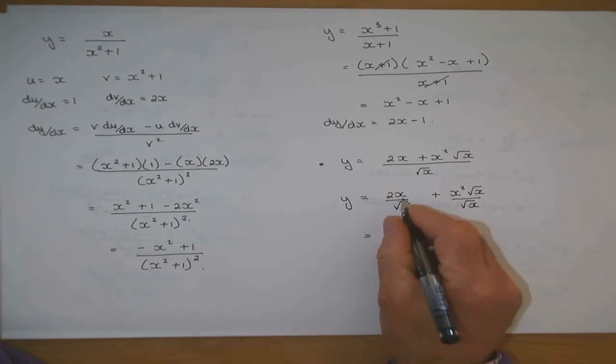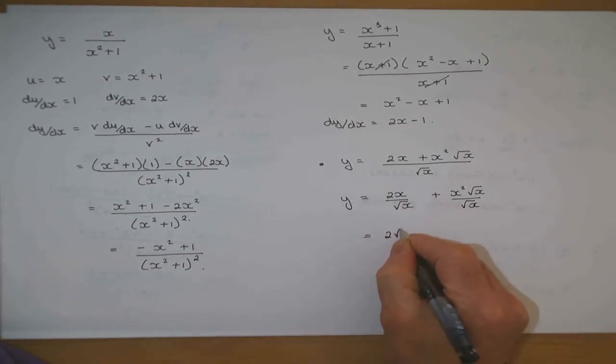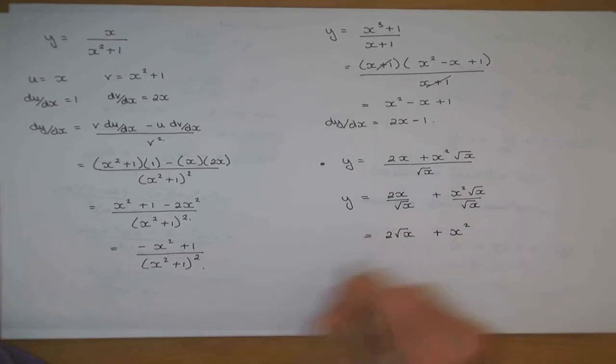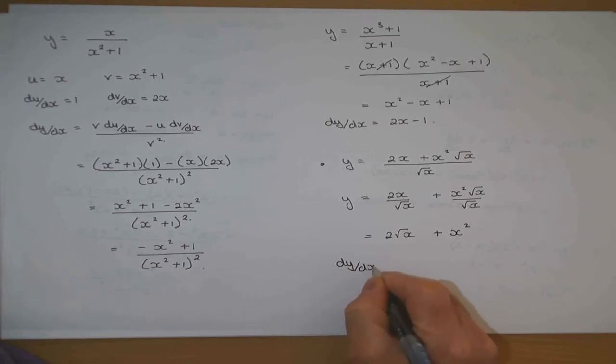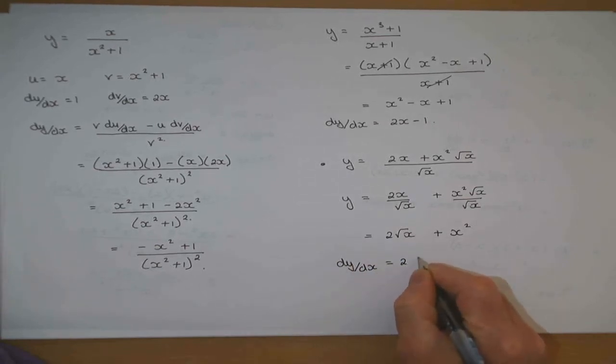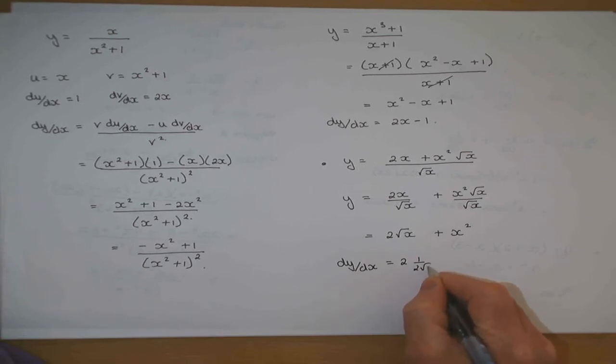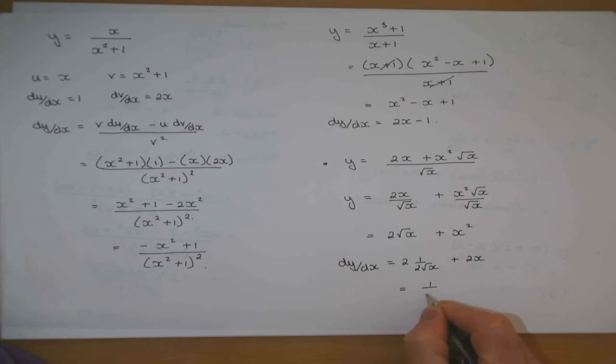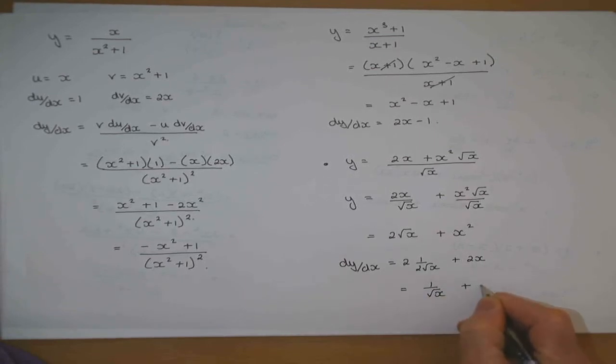Root x will go into x, so that's twice root x. And then root x cancel, giving you x squared. So therefore you can say dy dx is equal to twice 1 over 2 root x plus 2x, which is 1 over root x plus 2x.